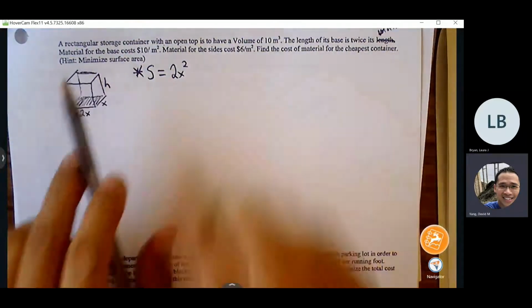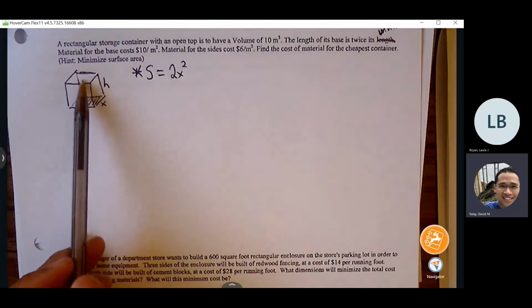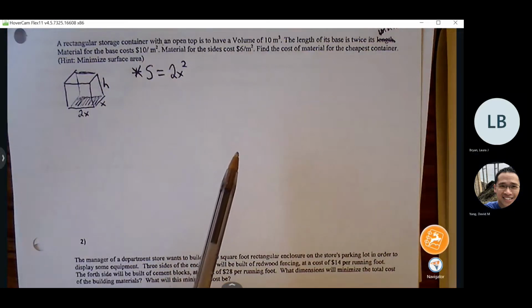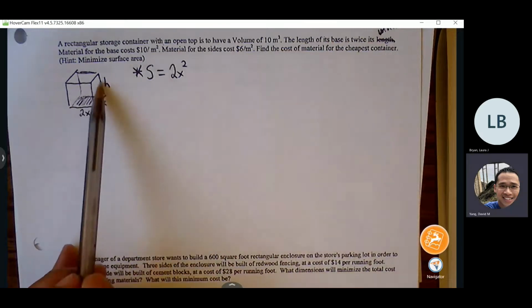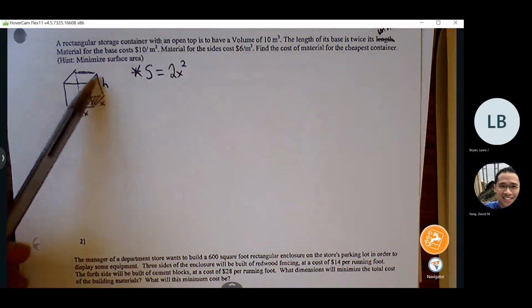Nothing up top. If it's a closed box, we would also need to include 2x squared up here, but nothing up top. And then we have 5 faces total, right? We also have vertical faces here.